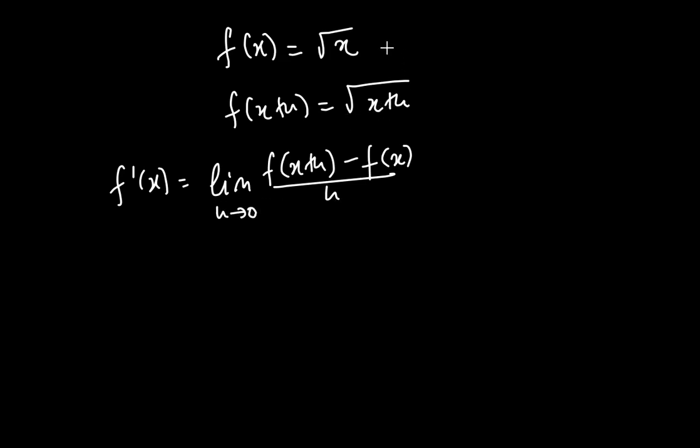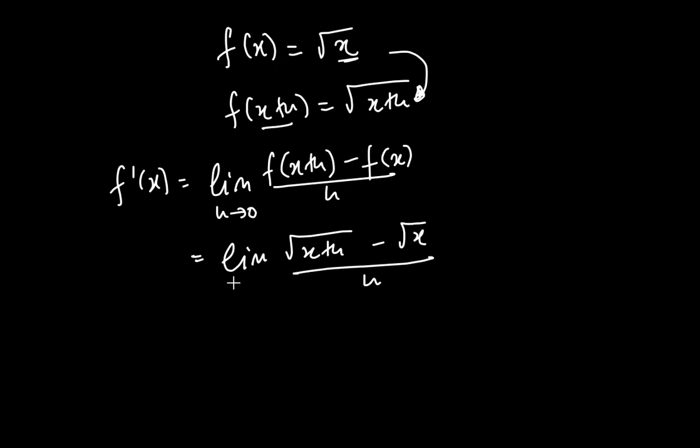So remember, where I saw x, I just substituted with x plus h to get f of x plus h. You saw that, right? So my f of x plus h will be square root of x plus h, then minus my f of x, which is the root of x, all divided by h as our h approaches 0, right?